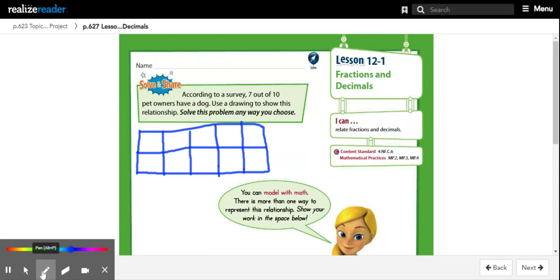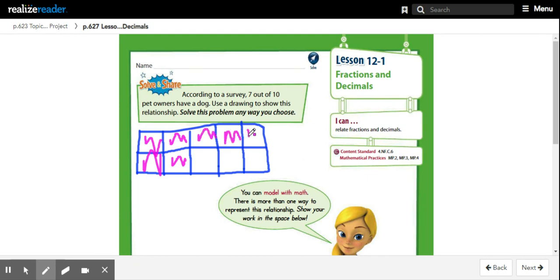We tried. So as I'm doing this, I'm going to shade in 7 of those 10 pieces. So I have 7 out of my 10 pieces shaded in.